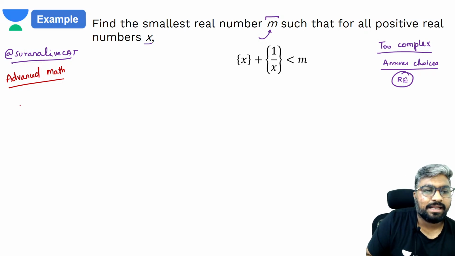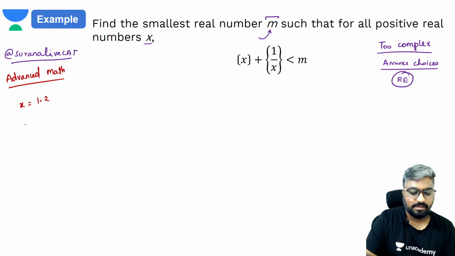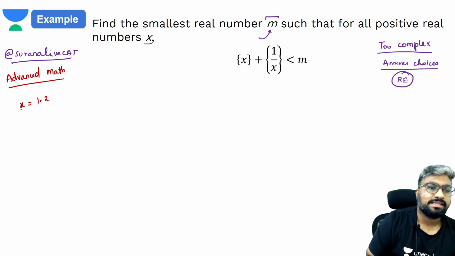For an example, let's assume x to be 1.2. If x is 1.2, what would happen? Fractional part of x plus fractional part of 1 by x will be less than m.